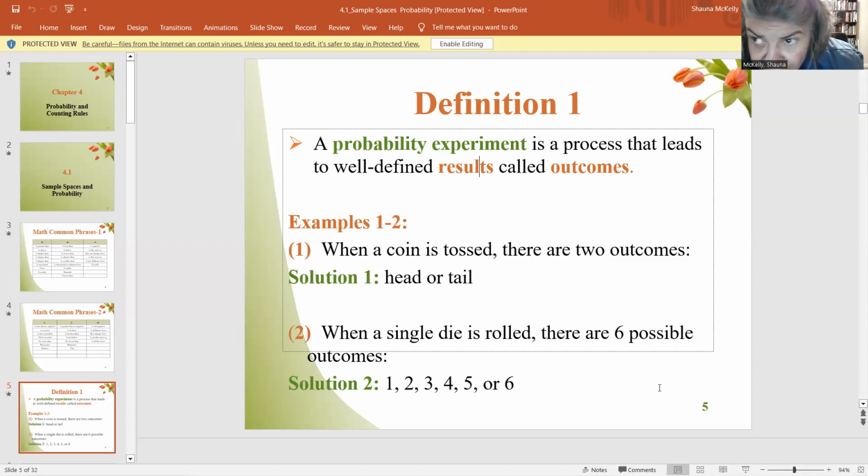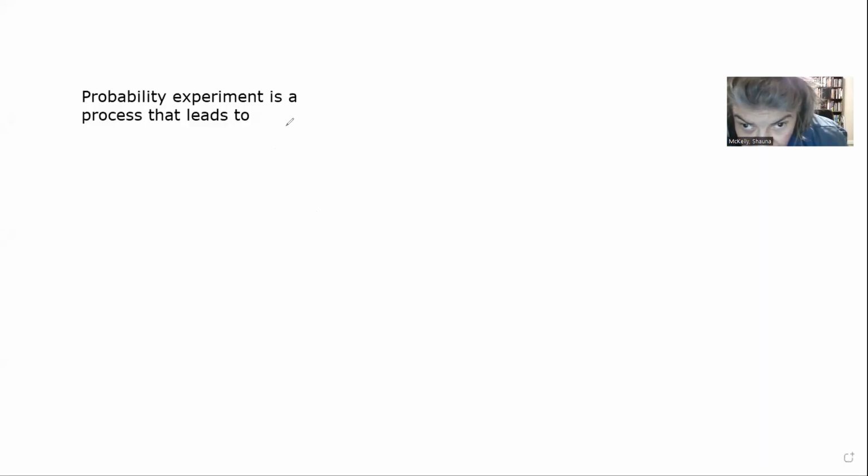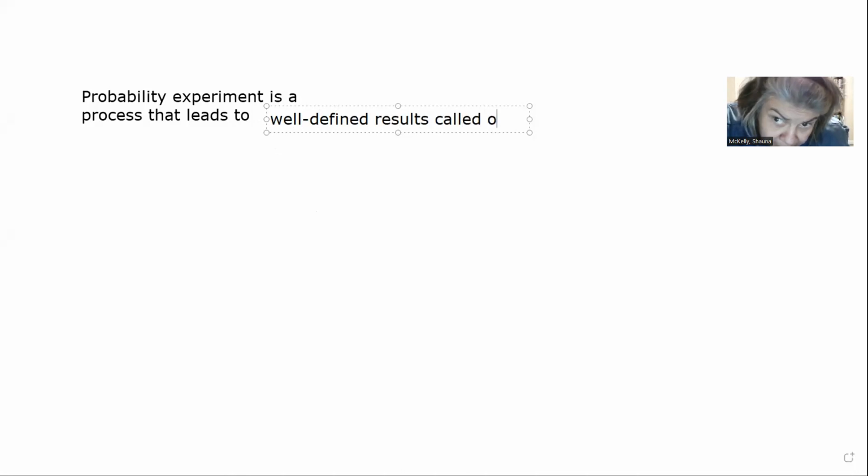You can write that in your definition: a probability experiment is a process that leads to well-defined results called outcomes.